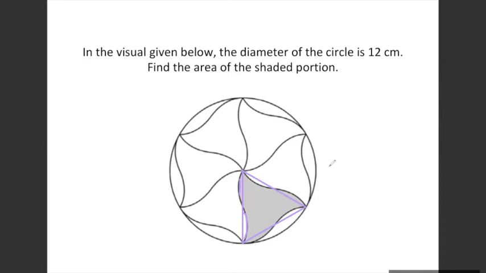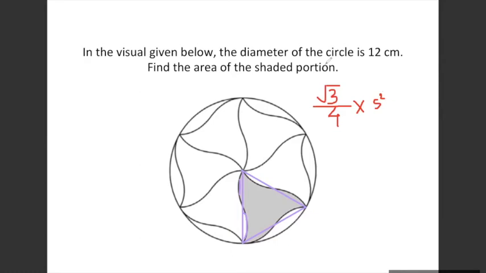Now, can anybody quickly let me know what is the area of an equilateral triangle? The formula? Okay, ठीक है, चलो, write it here. √3 upon 4 into S, or the side square.